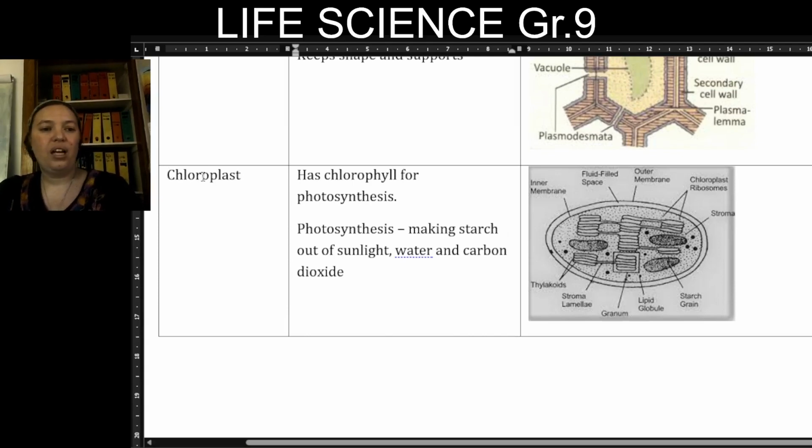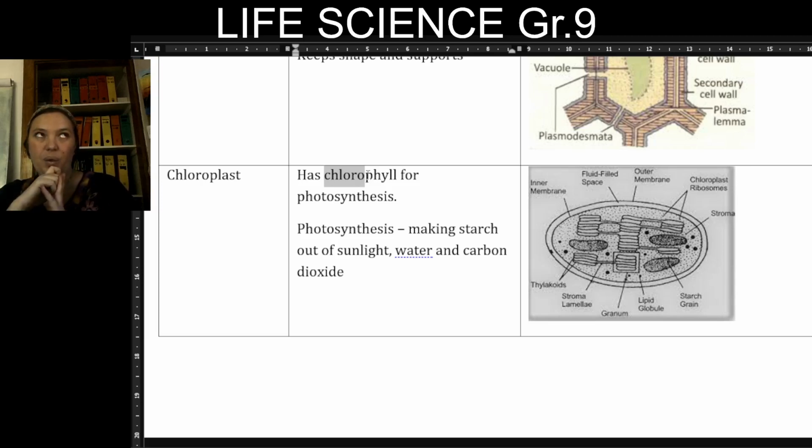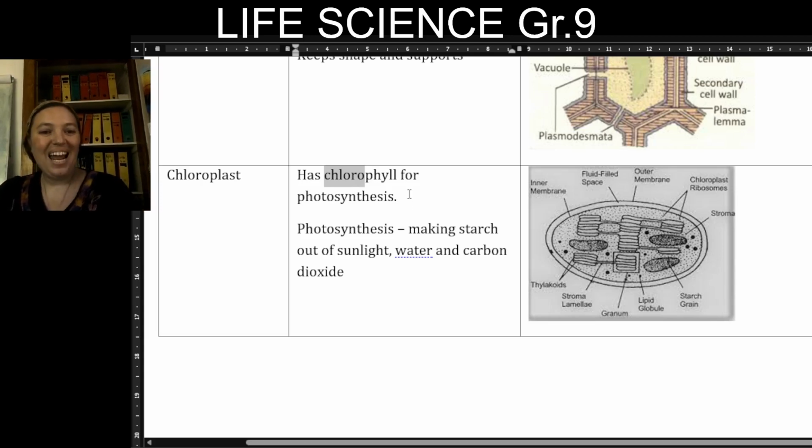Chloroplast. So plast is just kind of like a body. Chloroplasts have chlorophyll. So the plast is the body, the chlorophyll is the thing that makes the cell green. That is, what's the word?